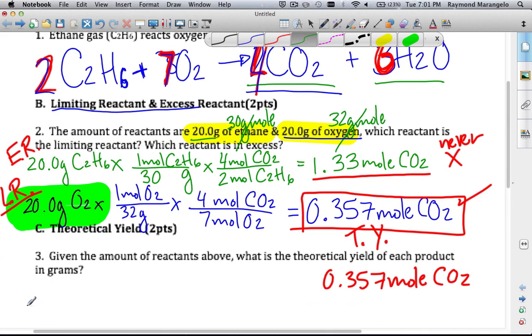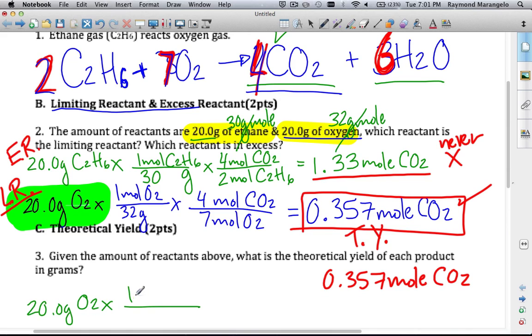I go 20 grams of oxygen times 1 mole of oxygen for 32 grams times 6 moles of water for every 7 moles of oxygen.